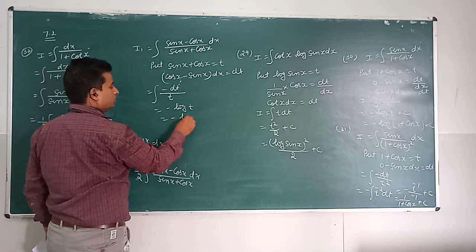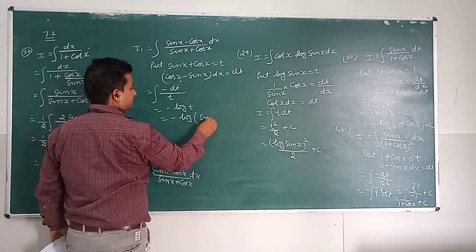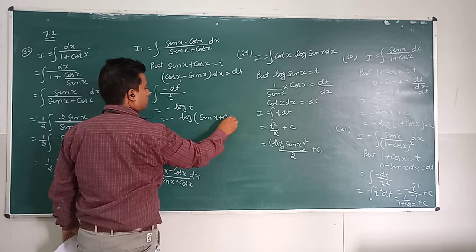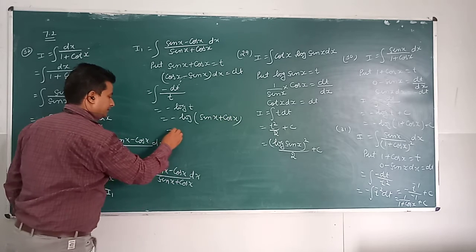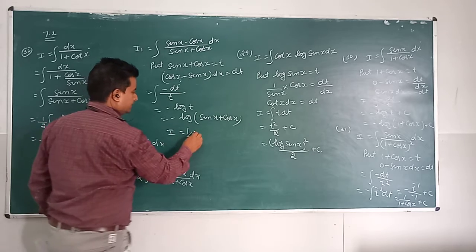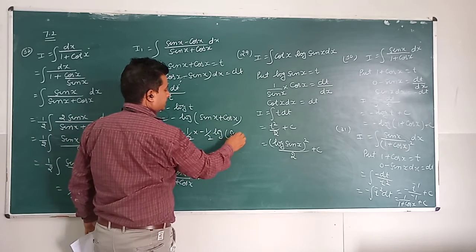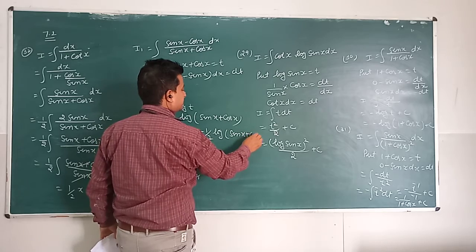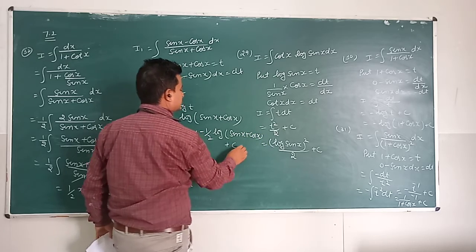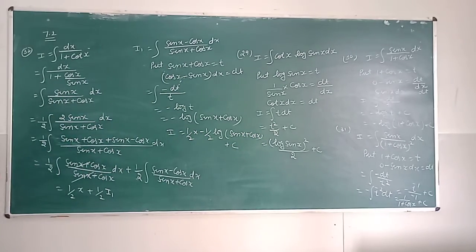So it's log of sin x plus cos x. So the complete answer is 1 upon 2 x minus 1 upon 2 log of sin x plus cos x plus c. This is the answer of this question.